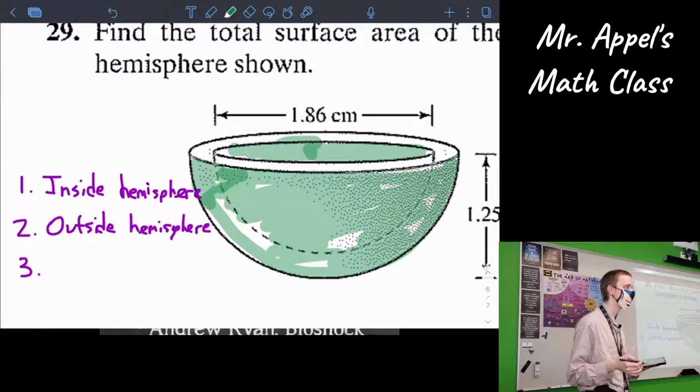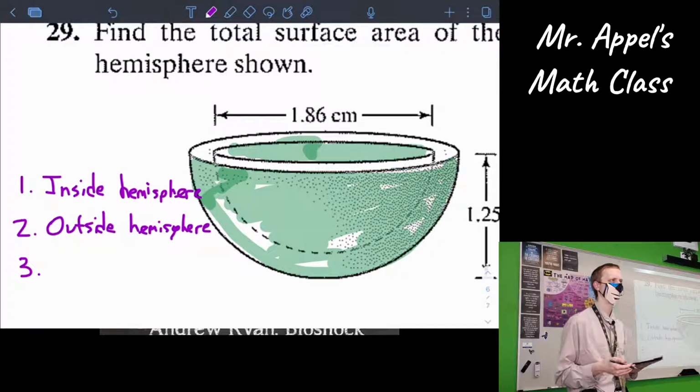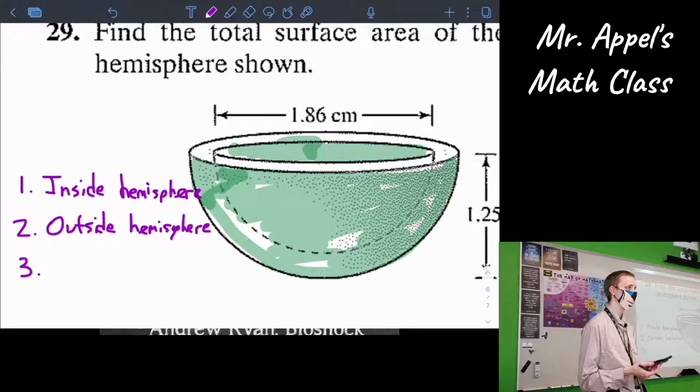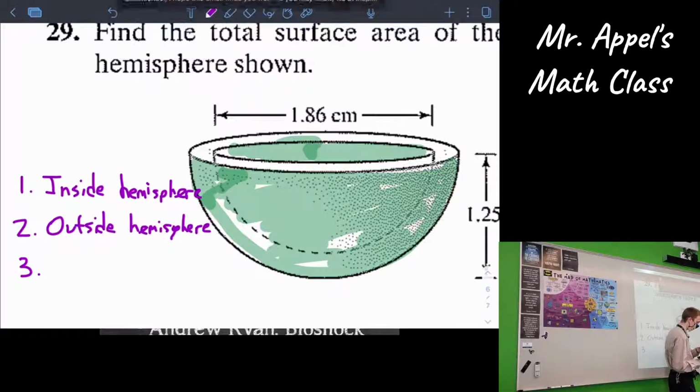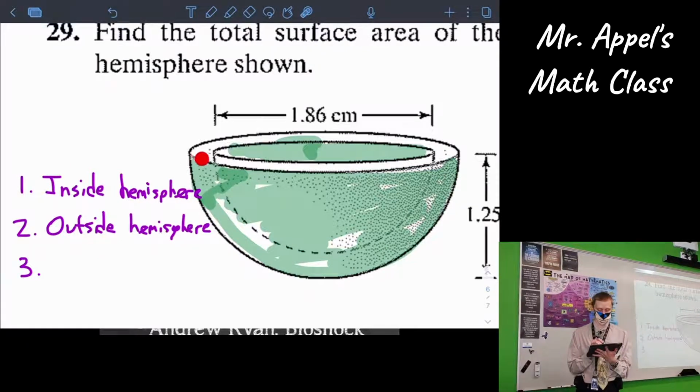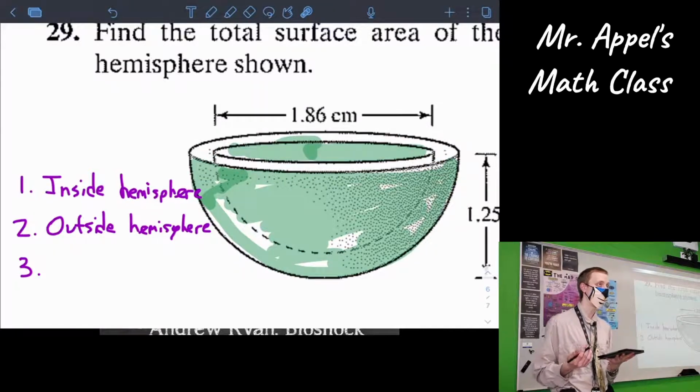In between. What would you describe that as? It's the difference size-wise, right? You've got the large outside and the smaller inside, so you need that gap in there, that gap that goes all the way around the top of the bowl, right?